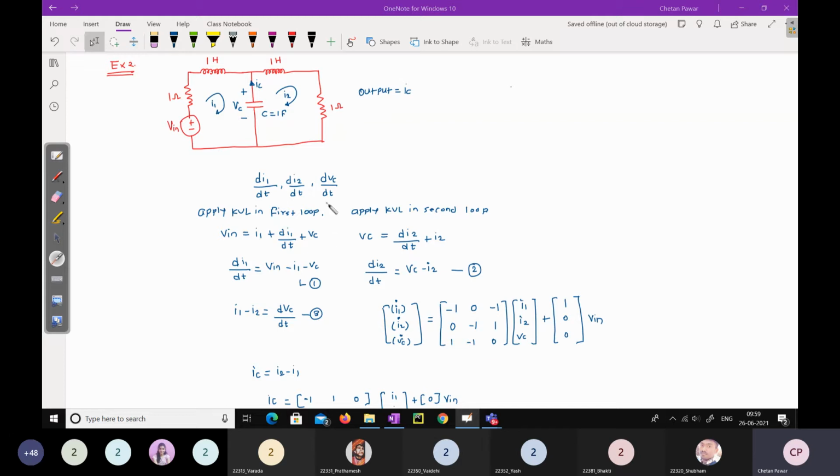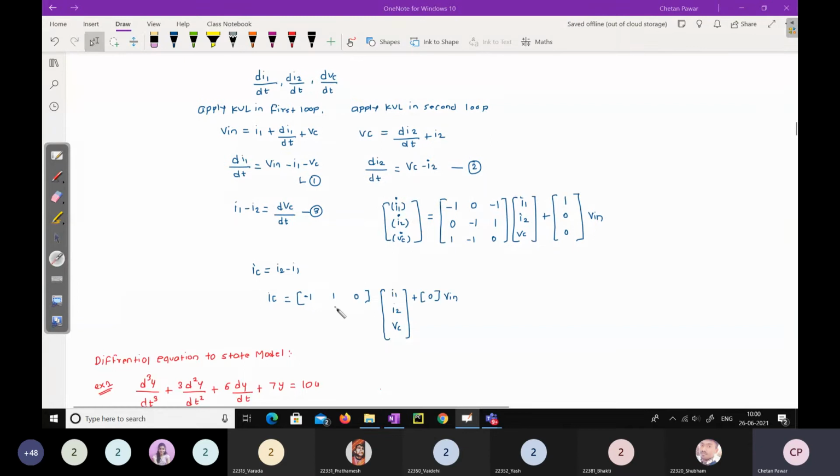Now, the output equation remains; the input equation we have just formed. So what is the output here? IC is equal to I2 minus I1. If we represent it, that will be minus 1 into I1, 1 into I2, and there is no VC term, so 0 into VC.